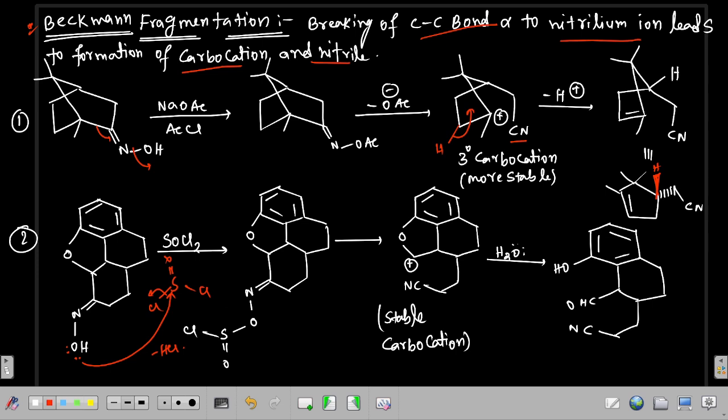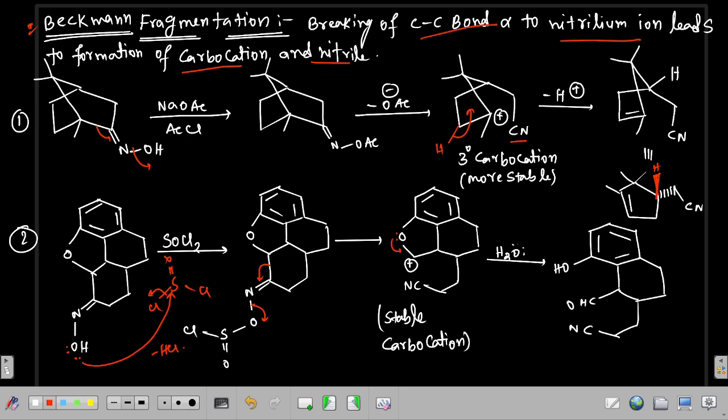Next step, again this CC bond, which is alpha to this nitrilium ion, will break, and it leads to the formation of a stable nitrile and this carbocation. This carbocation is stabilized by the lone pair of this oxygen.